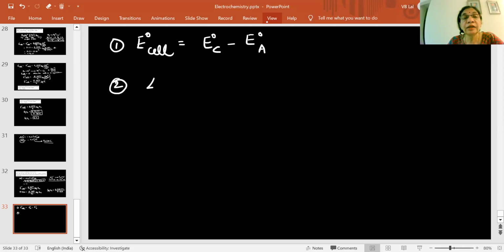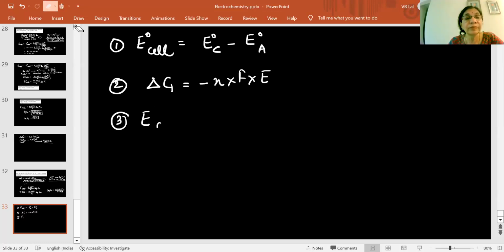Then the other related equation is delta G. Delta G is equal to minus N into F into E. And if the value of delta G is negative, then the cell will be spontaneous. Then the third is when the cell is not a standard cell, then we can't call it E0 cell.